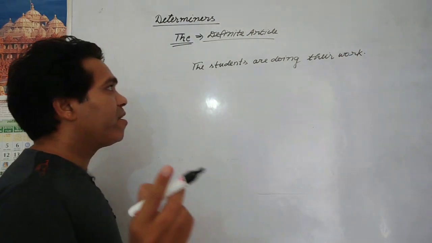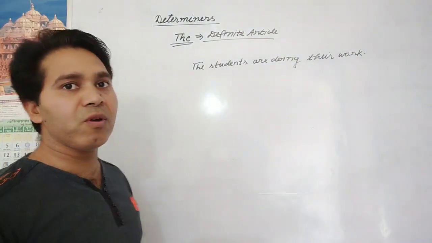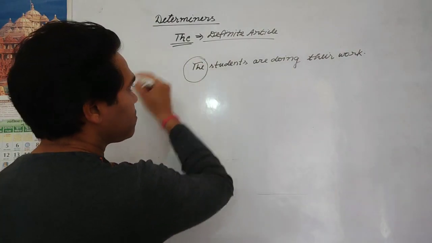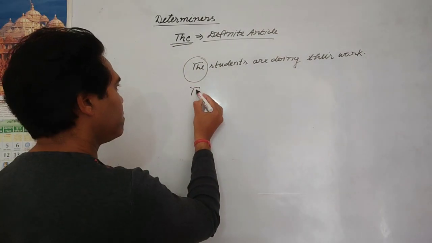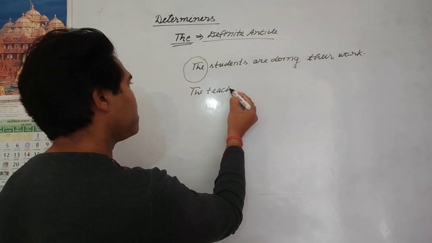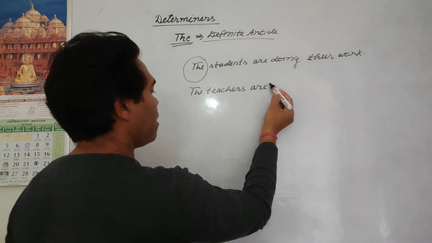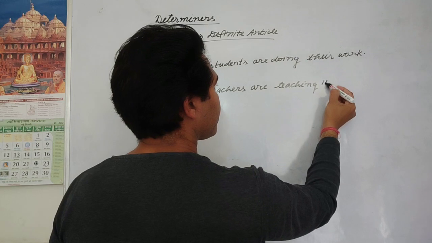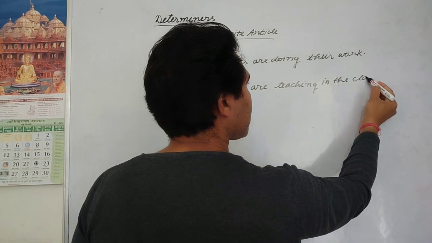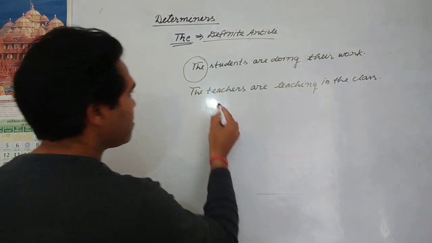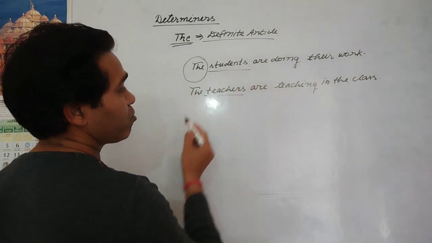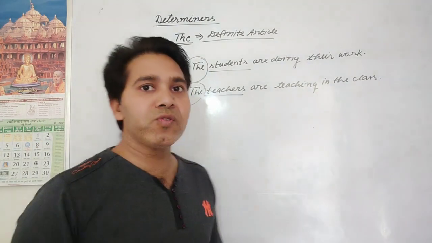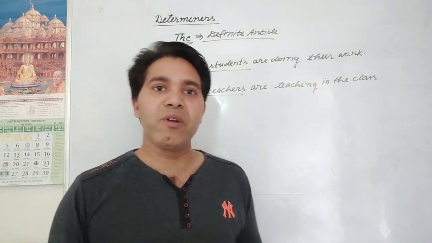See here, as I have told you, we do not use the before plural nouns. And here we have used the students. Or the teachers are teaching in the class. You can see here teachers are also plural, students are also plural, and we have used the. And I have told you we do not use the before plural countable nouns.